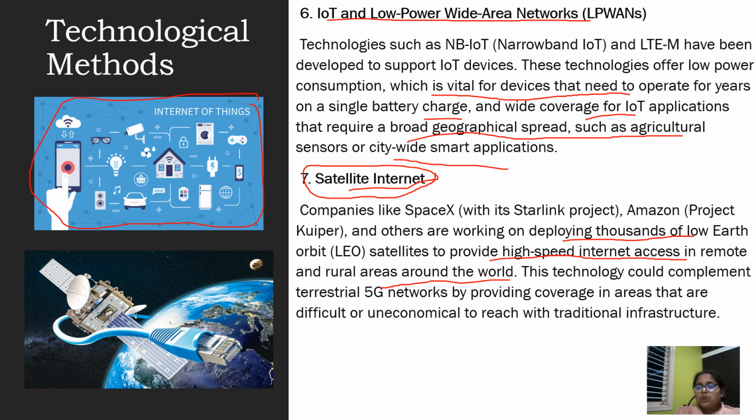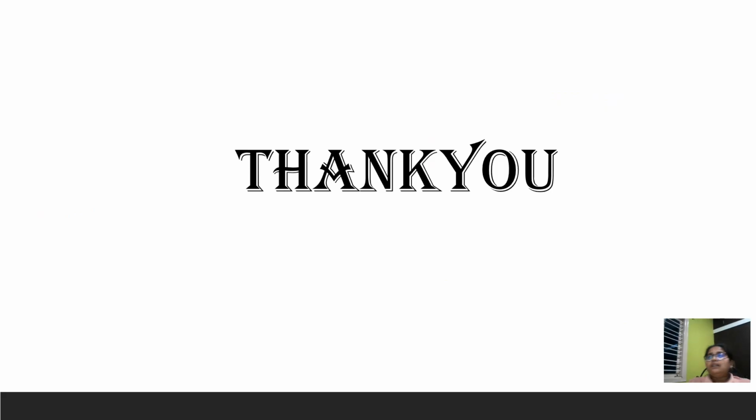This technology could complement terrestrial 5G networks by providing coverage in areas that are difficult or uneconomical to reach with traditional infrastructure. These are all the technological methods of wireless communication.